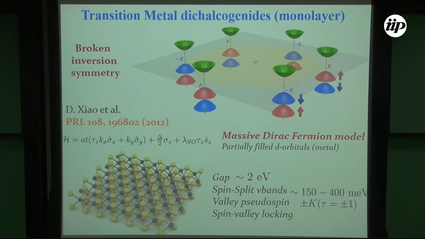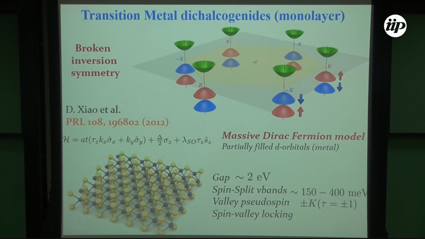There is a big difference in the electronic properties with the gap, and the splitting is also gigantic for the valence band. Between the two different valley indices, if you want to switch from one valley to another, you need to flip the spin.